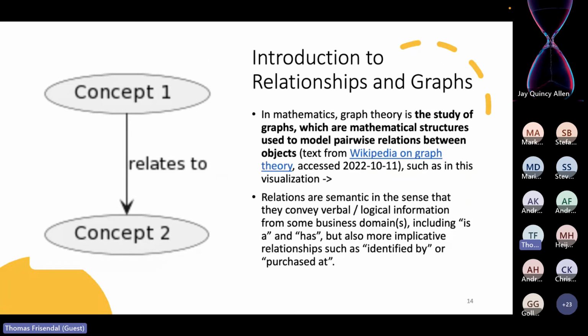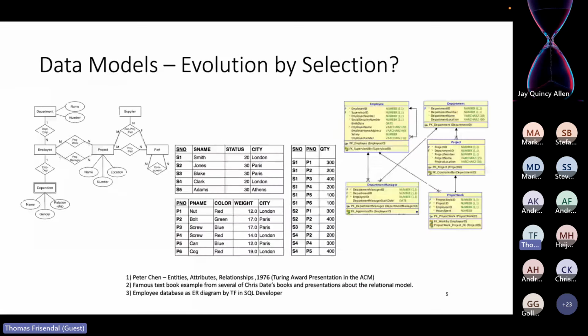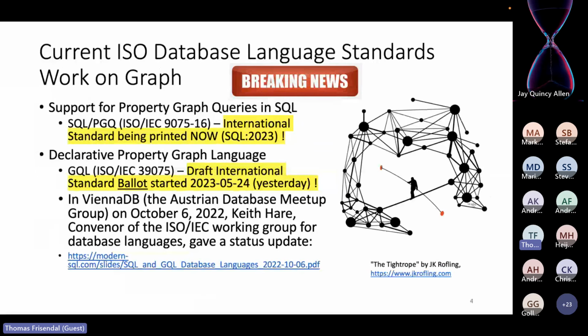Let me briefly go back to the beginning, where I skipped one slide, this one. RDF has been a standard since 1999. Property graph is in a way already a standard, because Apache has had a property graph language called Gremlin since 2009. So it's around 15 years old.